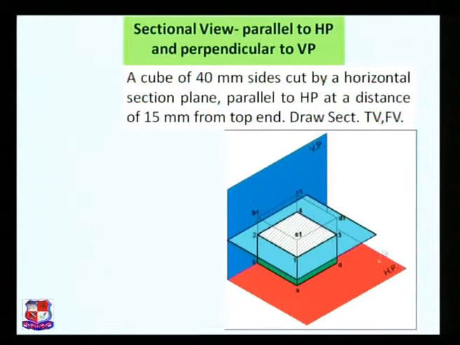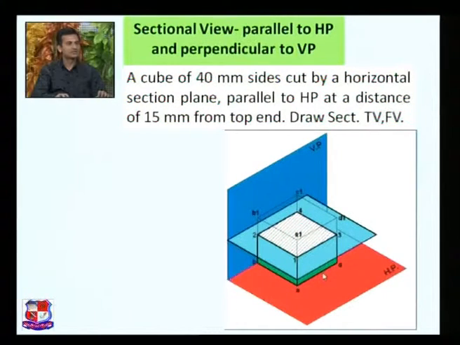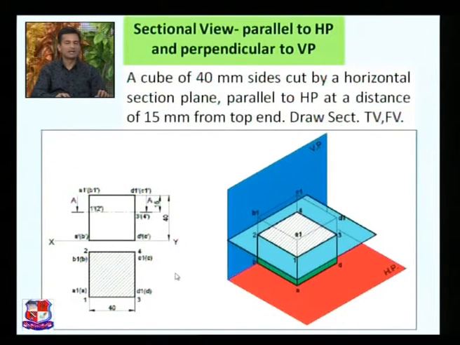Now how to draw the two views of this section? It would be like this. This is a square below the XY line of 40 mm dimensions. This is a square above the XY line having 40 mm dimensions, and in the front view this cutting plane would appear.